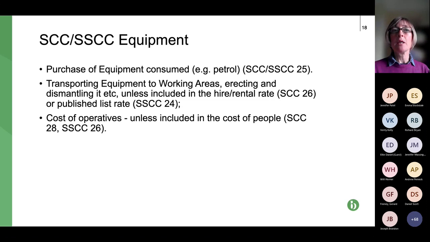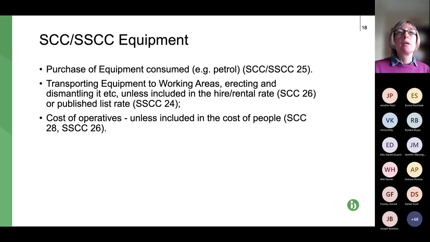So equipment that is consumed is covered, so you can recover the cost of your petrol, etc. Also these miscellaneous costs, which might in some cases be quite high, so the cost of transporting equipment to site, to working areas, cost of erecting it, dismantling it, they're all claimable and payable, unless of course they're already included and have been claimed for in the hire or rental rate. So of course, that would effectively be double counting. We know double counting is not allowed.